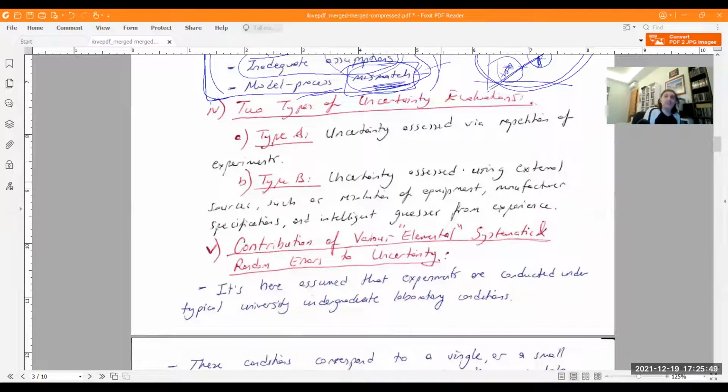So there are actually 2 types of uncertainty evaluations, what we call type A and type B. They are very simple. Type A is related to repetition of experiment.